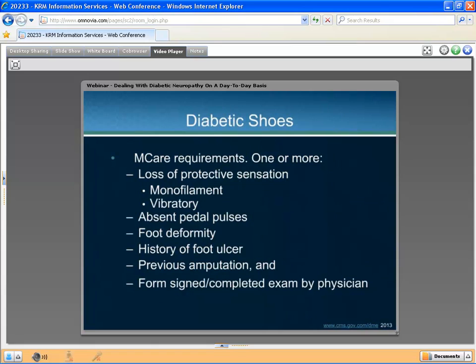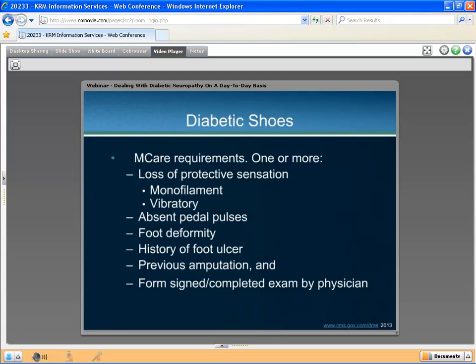Now, if someone needs shoes, the Medicare requirements are being enforced now. I don't know that the rules are exactly new, but just in January this year, we have begun to realize that they are serious about these rules being followed.